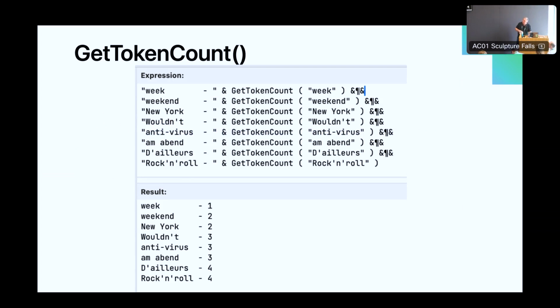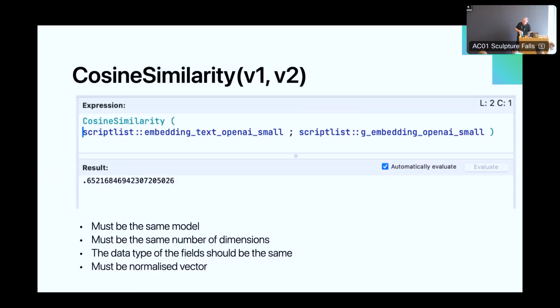We've got a cosine similarity function that you can pass two vector values and it will return the cosine similarity. You have to use the same model. Both vectors have to have been generated by the same model, which is a consistent theme throughout. That implies they've got the same number of dimensions.